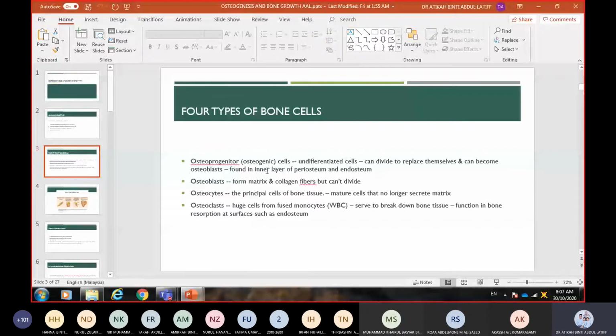Okay, and another type of bone cells is osteocytes. This is what makes up the mature bone tissue. And osteoclasts are actually cells from fused monocytes or from the white blood cells. They serve to break down bone tissue and they function in bone resorption at surfaces such as the endosteum.